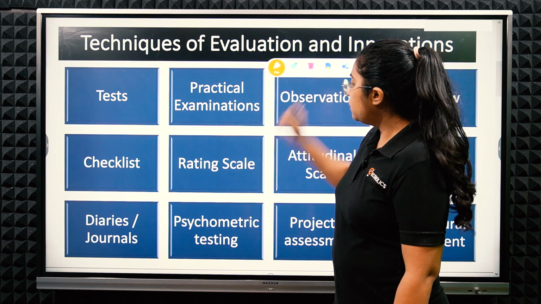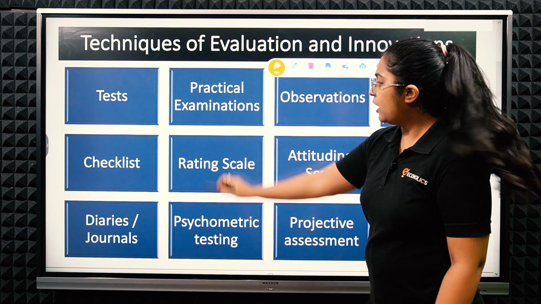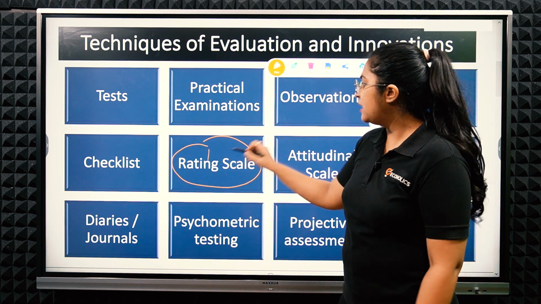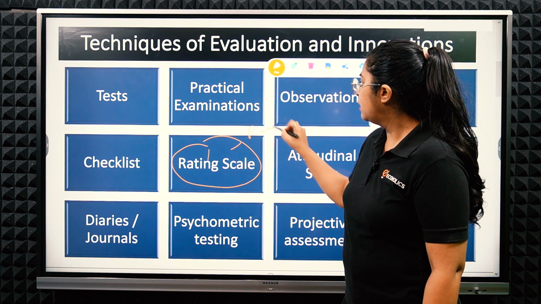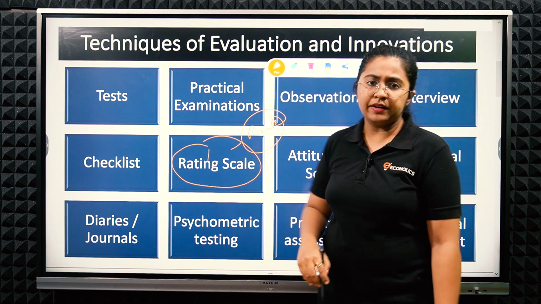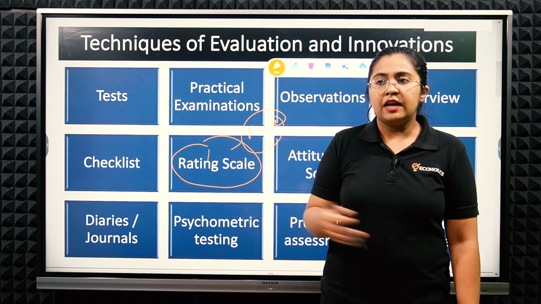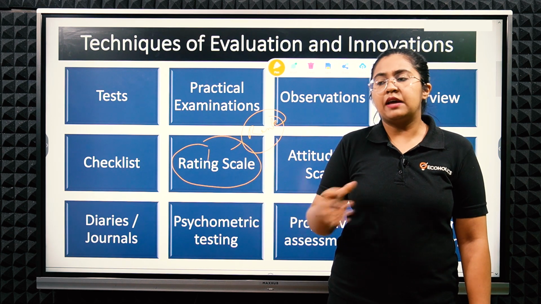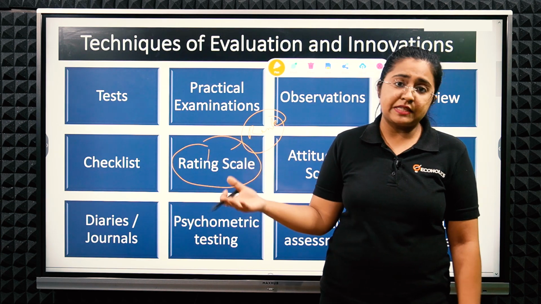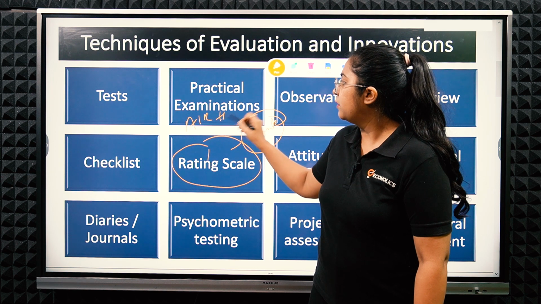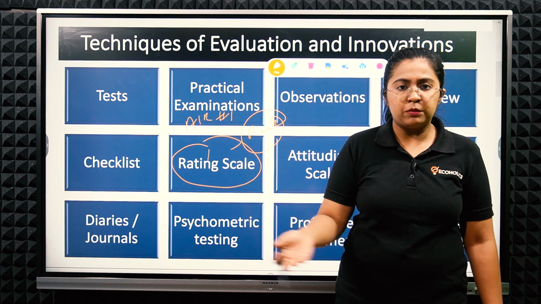Right? Then we have the rating scale. Now these rating scales are normally used to rank. Ranks can be provided to students. For example, an examination, or any type of competitive examination, has something like AIR 1, AIR 2, 3, 4, likewise.